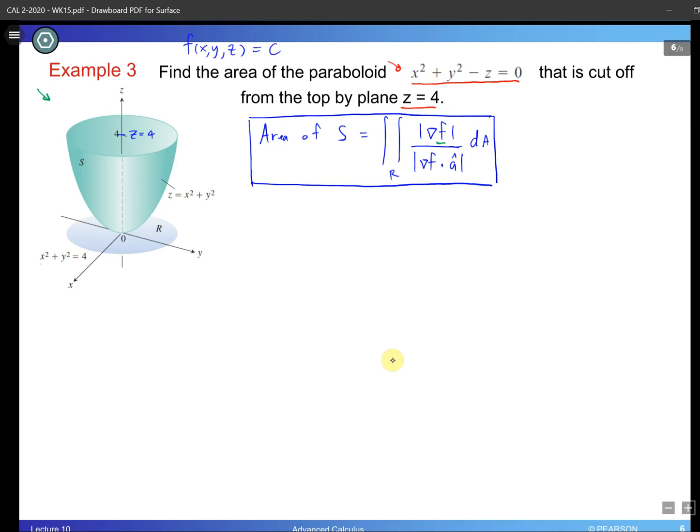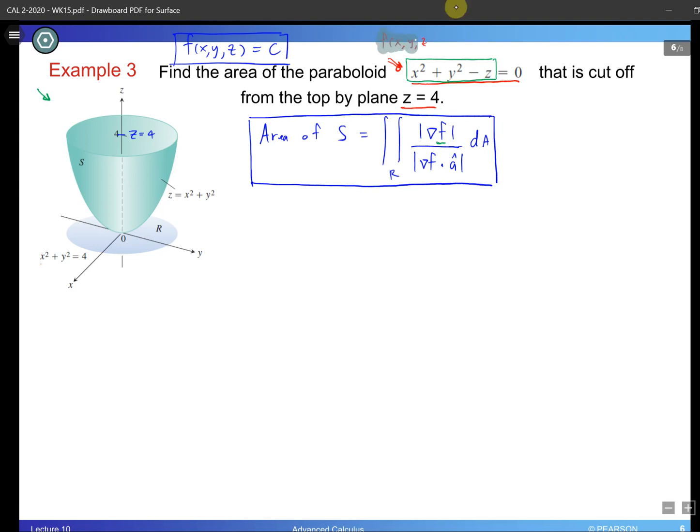By now we know that this is the format of the equation for the surface in the space. And when we look at this equation for the paraboloid, we know right away that the left hand side is a function of x, y, z. So the left hand side of this equation is going to correspond to f of x, y, z. So let's write that down. F of x, y, z.